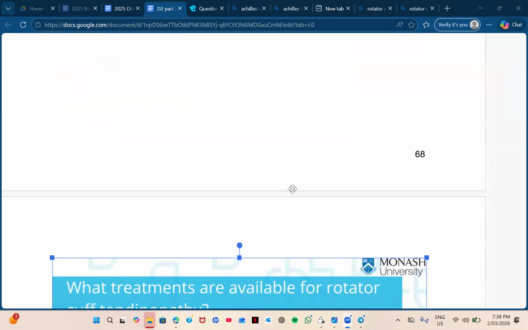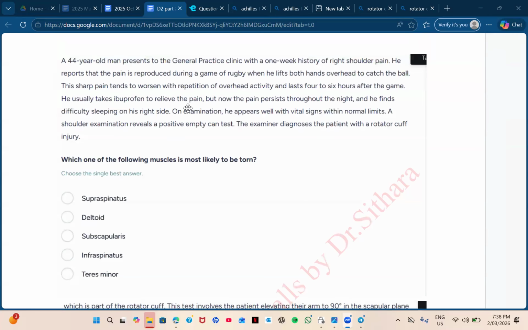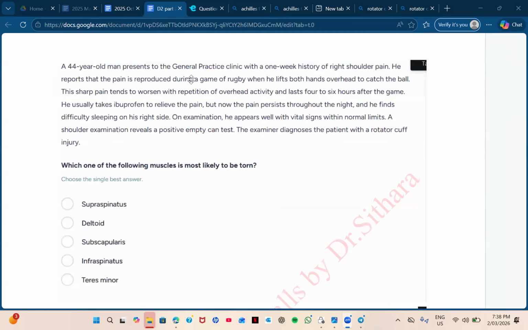Okay, so next one. A 44-year-old man presented to the GP with a 1 week history of right shoulder pain. He reports that the pain is reproduced during a game of rugby when he lifts both hands overhead to catch the ball. This sharp pain occurs with repetition of the overhead activity and lasts for 6 hours after the game.